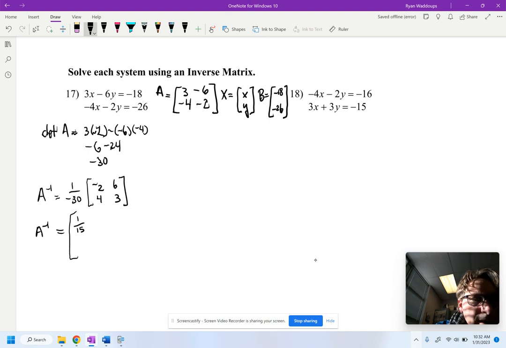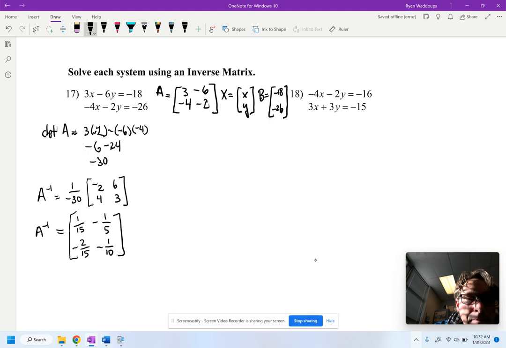And negative 1/30 times 6, that's negative 6/30, which would simplify to negative 1/5. And then negative 4/30 would simplify to negative 2/15. And negative 1/30 times 3 would be negative 3/30, which simplifies to negative 1/10.